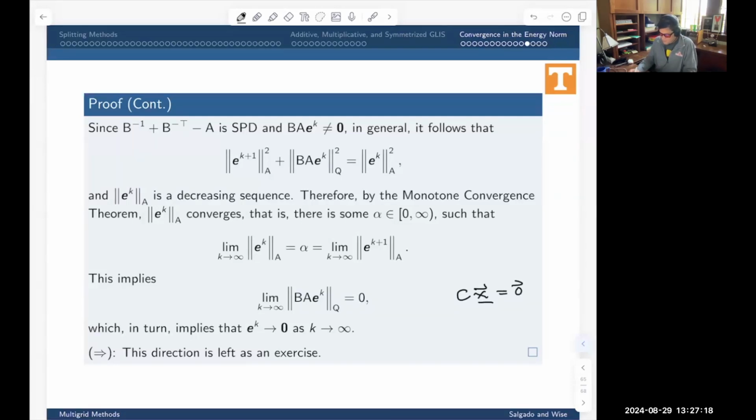That's because C is an invertible matrix. The only vector an invertible matrix maps to the 0 vector is the 0 vector itself, or in other words, the kernel has to be equal to just 0.